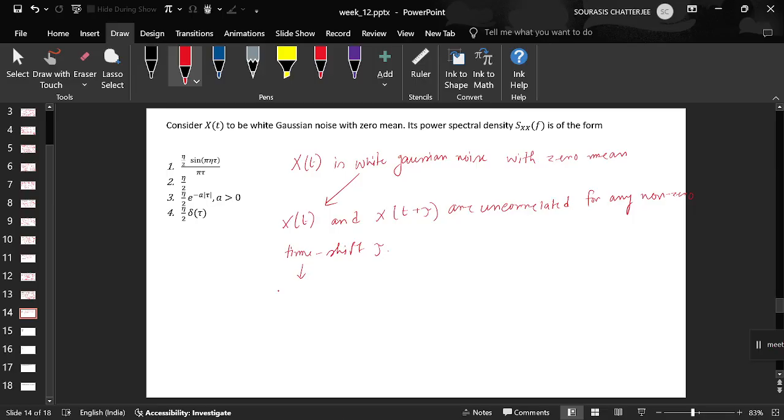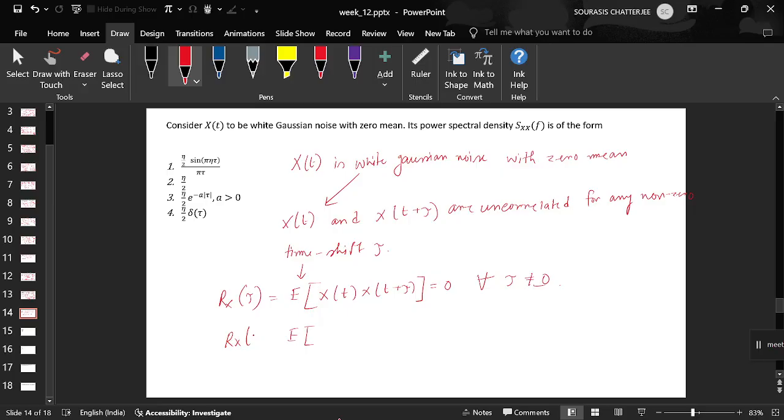When I try to convert these statements into mathematics, it becomes E[Xt Xt plus tau] equal to 0 for tau not equal to 0. By the way, this is the autocorrelation.